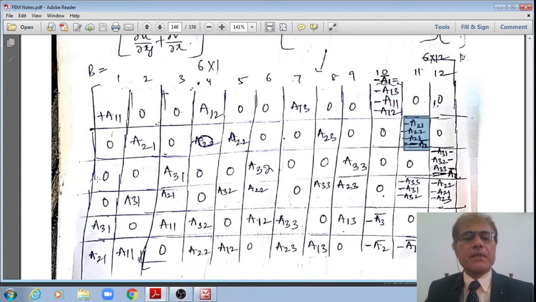Similarly, the third row, dou w by dou z, the normal strain along z direction: a11 will become a31, a12 will become a32, a13 will become a33, and this minus a1 bar will become a3 bar, right? In a cyclic rotation fashion, you can observe that.